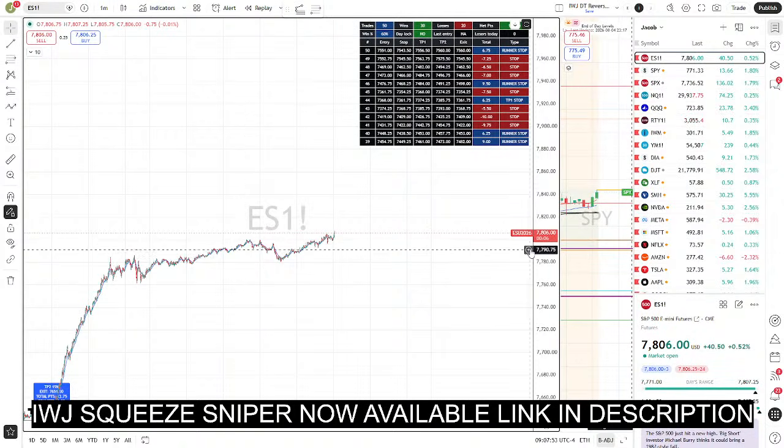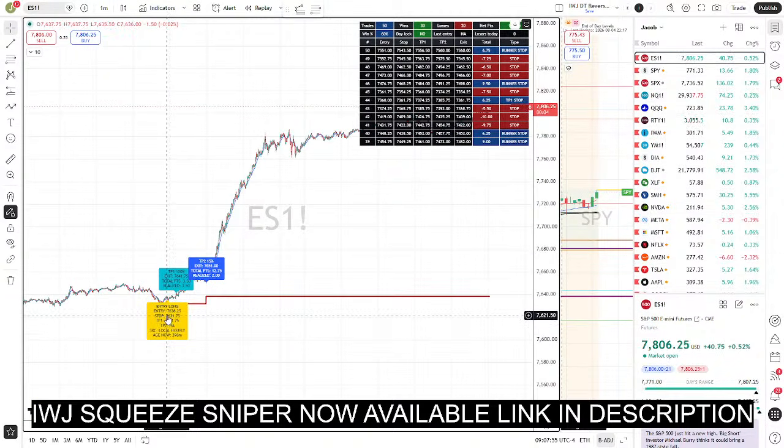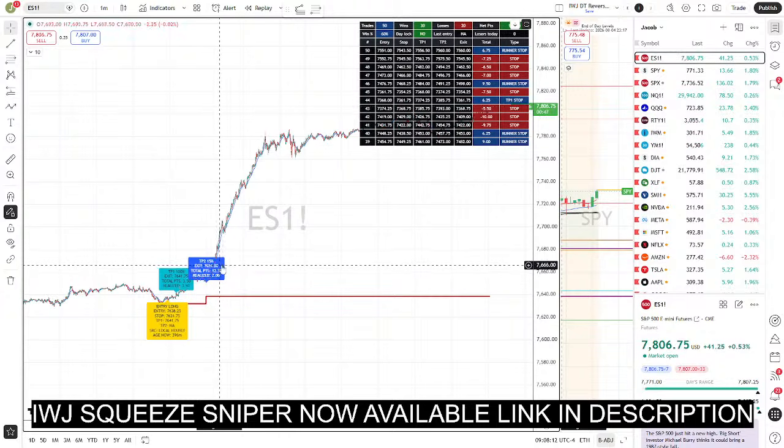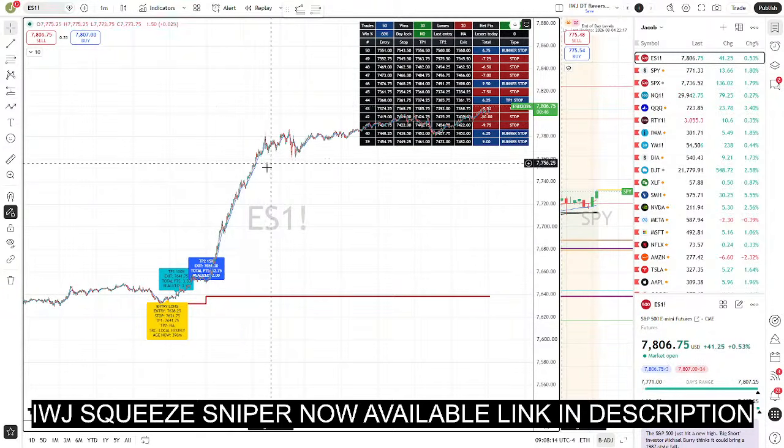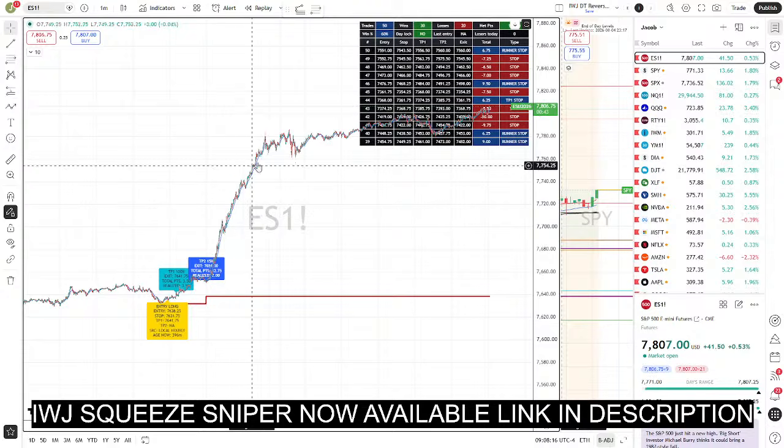And we are now up at 78.06 without ever being stopped out of our 76.38. So the trade is brilliant. It's a 180 point trade, 170 point trade on the ES with our runner. So we take some profit at the first resistance, we take some profit at the second resistance, and then we let our runner go for instances just like this.